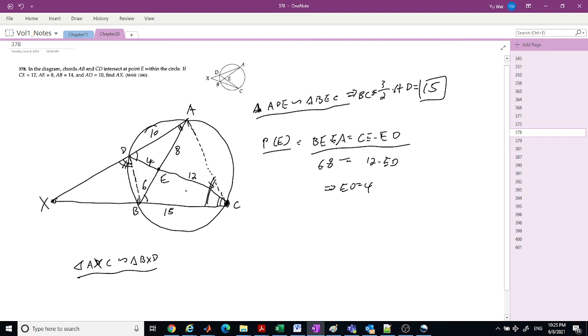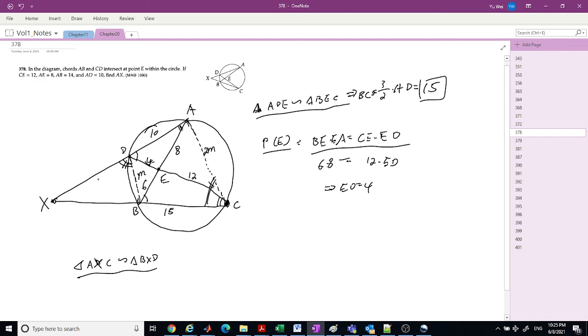Okay, so first we see the triangle DEB is similar to triangle AEC. So that means the ratio of this one is 4/8. That means if this is the m, then this is the 2m. Okay, and now we know this triangle over this triangle, the ratio is 2, right?